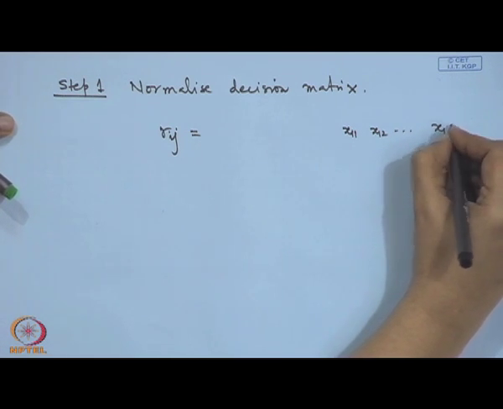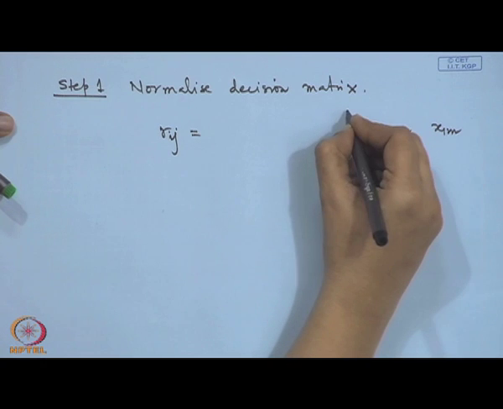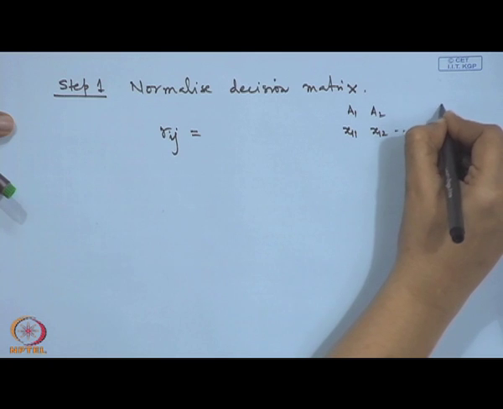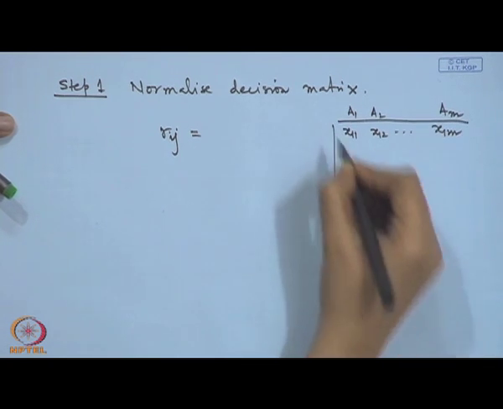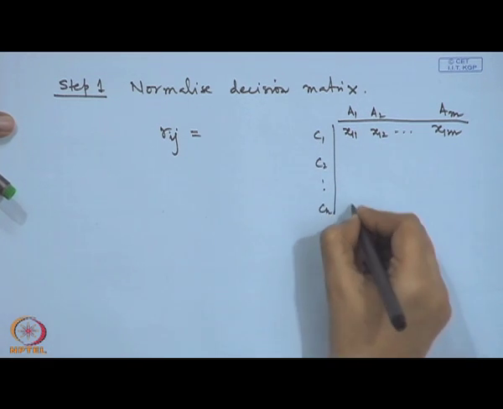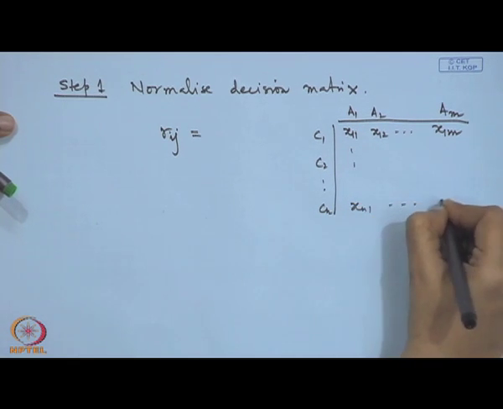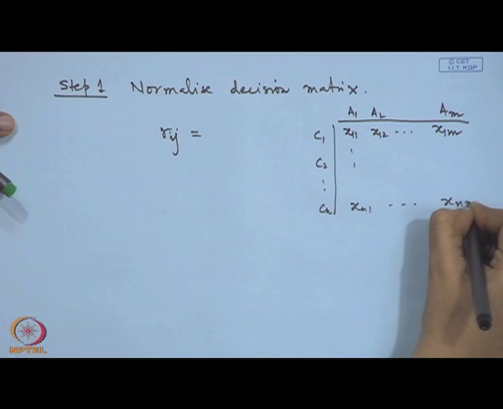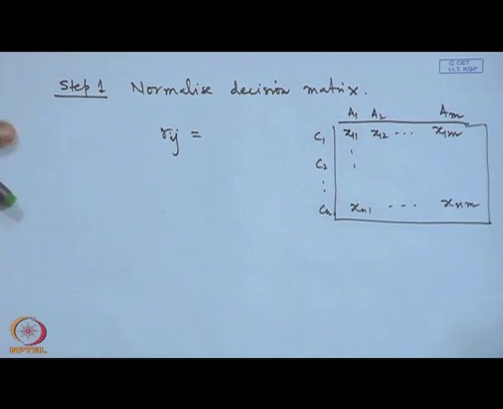We are having m alternatives, alternative 1, alternative 2, alternative m, and we are having the criteria C1, C2, say Cn. Then we can have the matrix in this way: xn1, xnm.